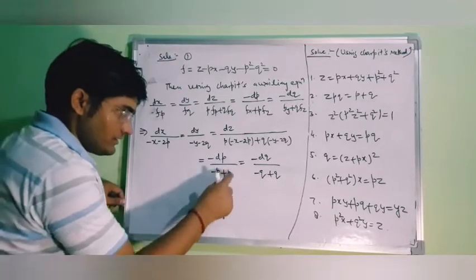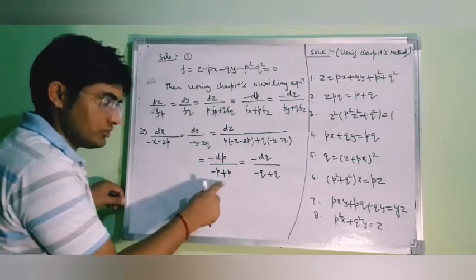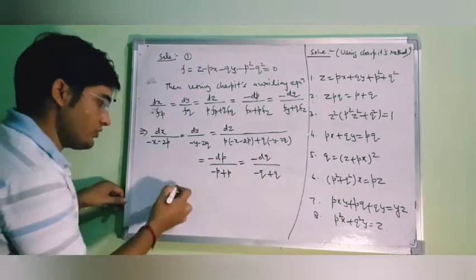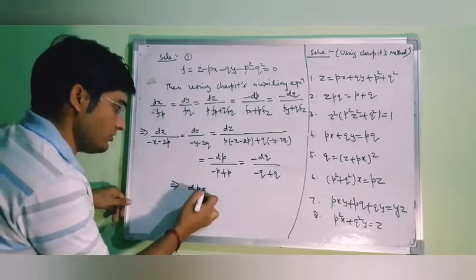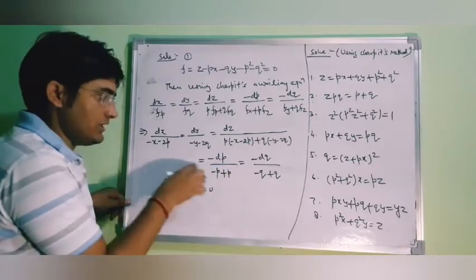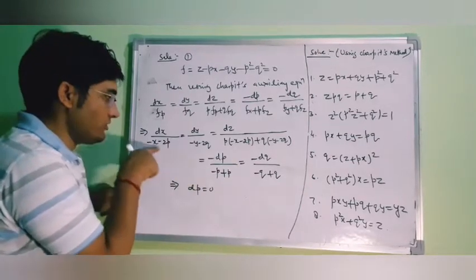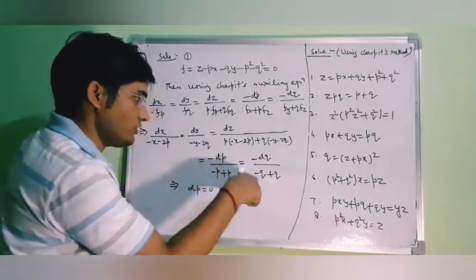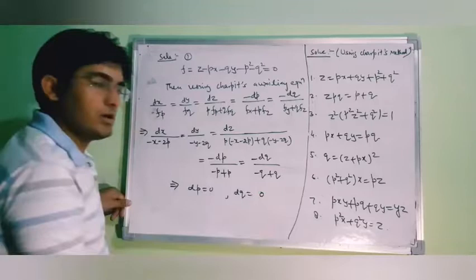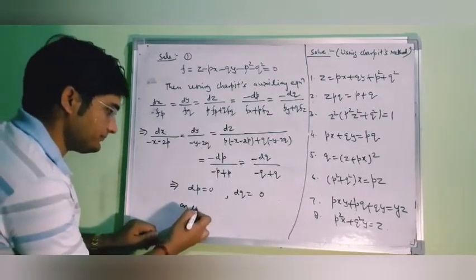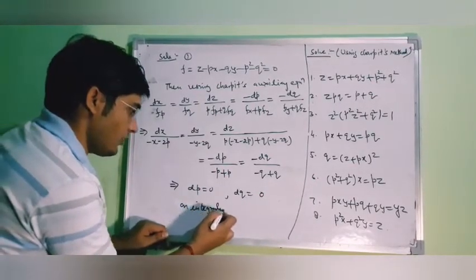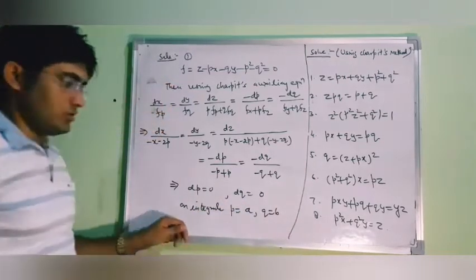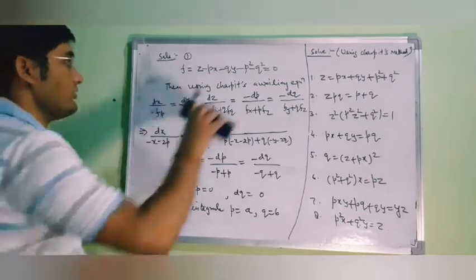Now from here you can see that this is dp upon 0 and this is dq upon 0. So on cross multiplication dp upon 0 equal to this term, so that means dp equal to 0. Similarly dq upon 0 equal to this term, so again dq equal to 0. On integration we will get p equal to a and q equal to b.